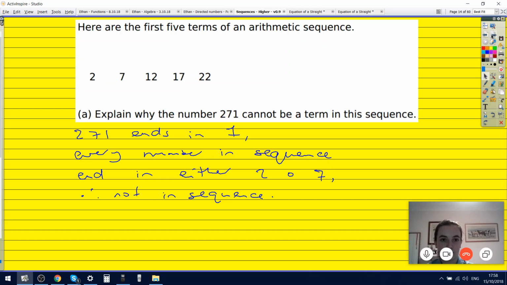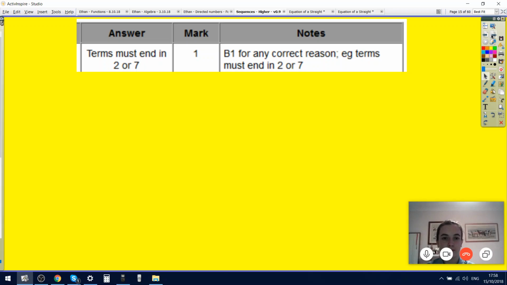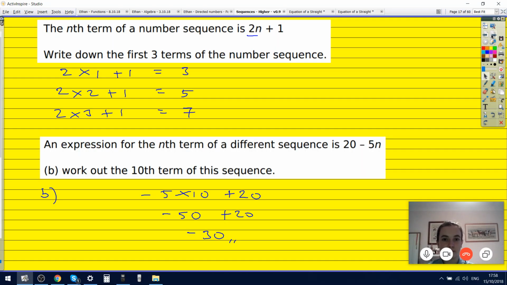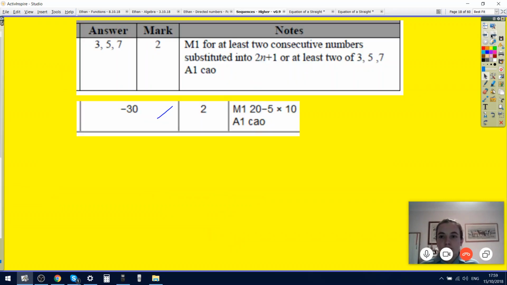So this one again, another easy one. The 271 ends in a 1. Every number in the sequence ends in a 2 or 7. Because it's the 5 times table, it's 5n minus 3. So the first 3 terms, why did these go up in 2s, 3, 5, 7? Because it's 2n, and 2 is the common difference. Expression for this, the 10th term, just sub in 10.